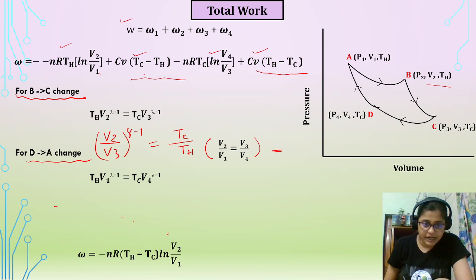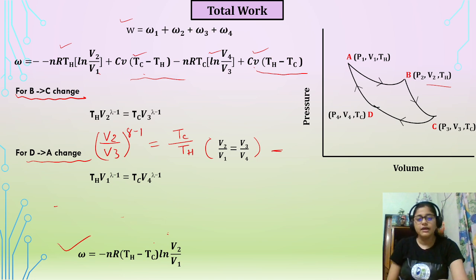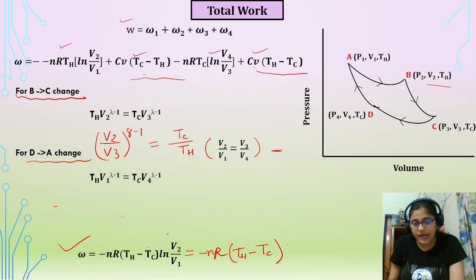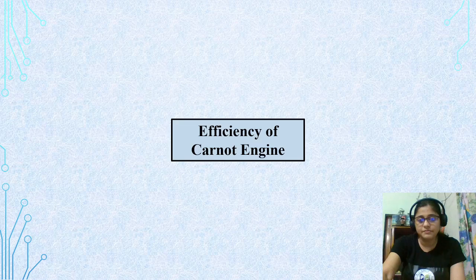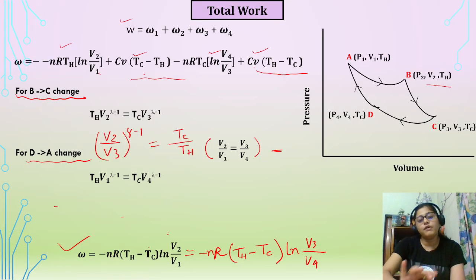So minus nR TH minus TC, where TH is the temperature of the source, the temperature of the sink is TC, and ln V2 by V1. Okay? And we can also write here minus nR TH minus TC and ln V3 by V4. That we can also write. Fine. We got the simplified value of the work.